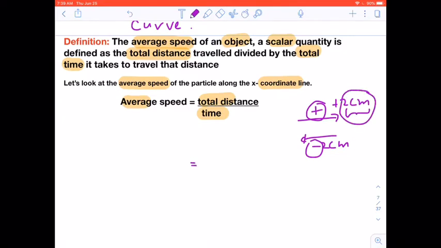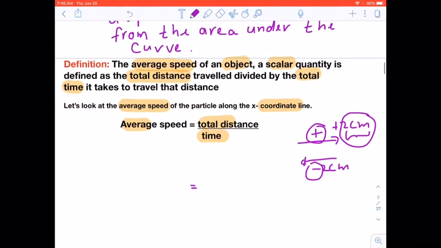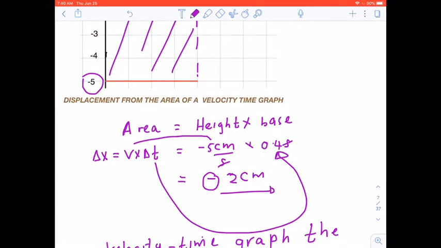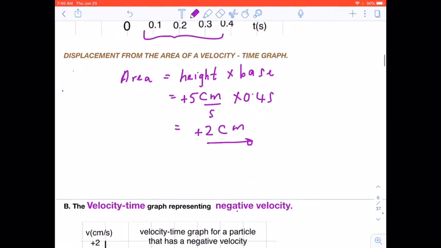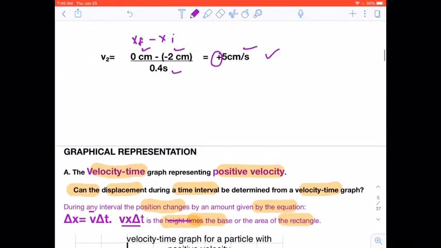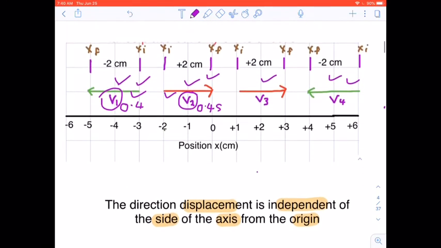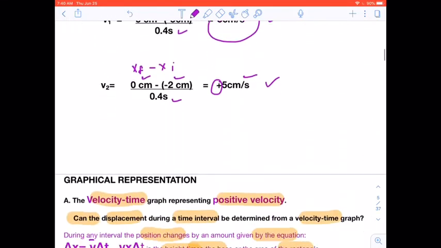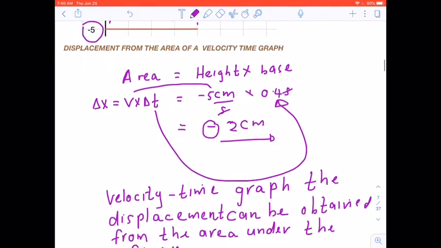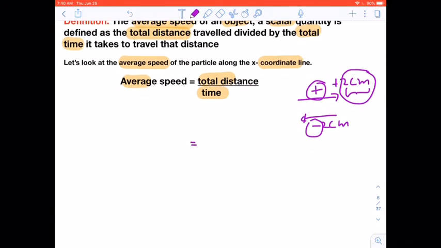So if we look at the average speed of these particles, during the same time interval, then it is 2 centimeters. We're not worried about the sign here.